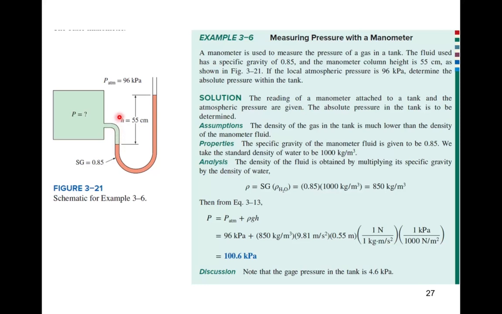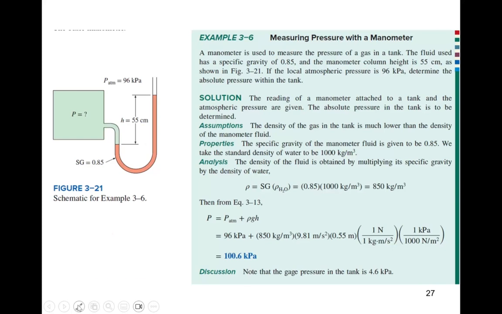As I already explained, for gases normally the pressure is very small and we ignore it. Now starting from this end, we go down, we would add, but because this is gas, we ignore it. At this point the pressure is the same, so we ignore this part, and now we go up. Because we go up, we deduct the pressure.